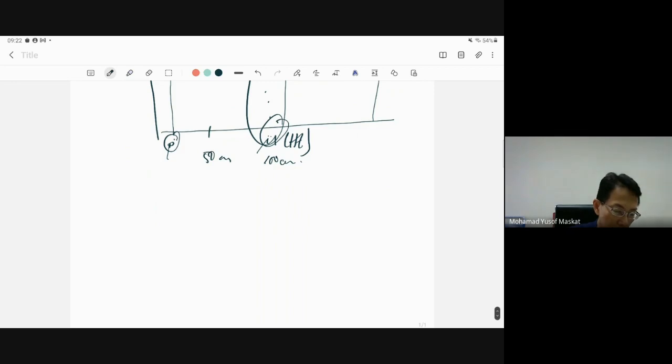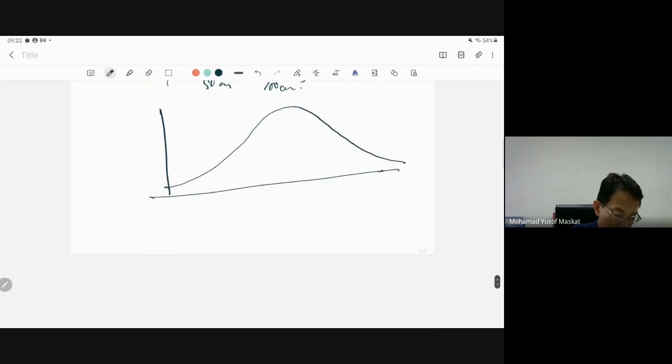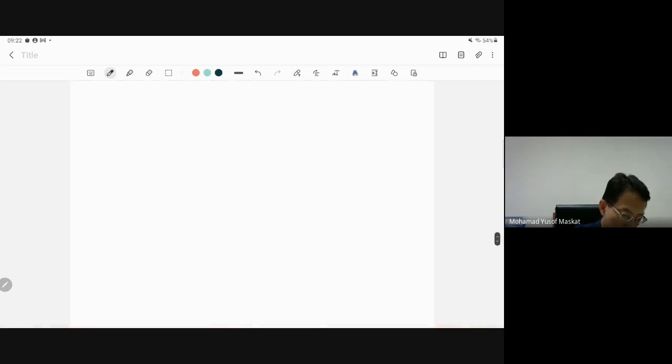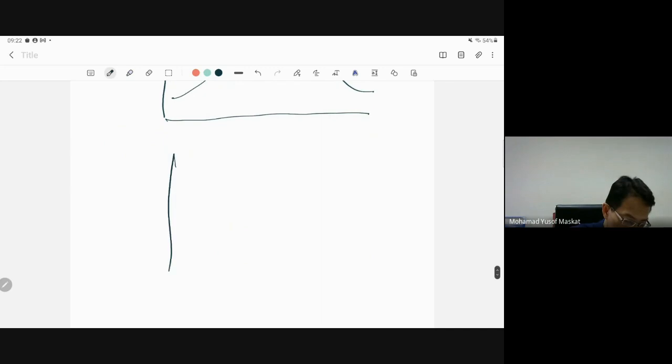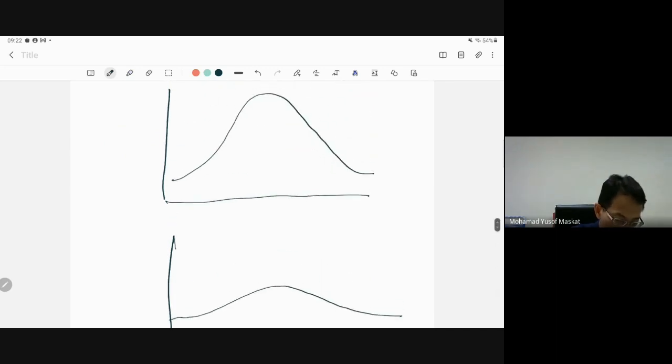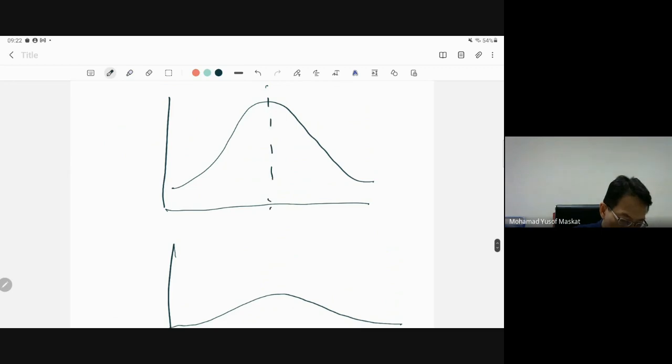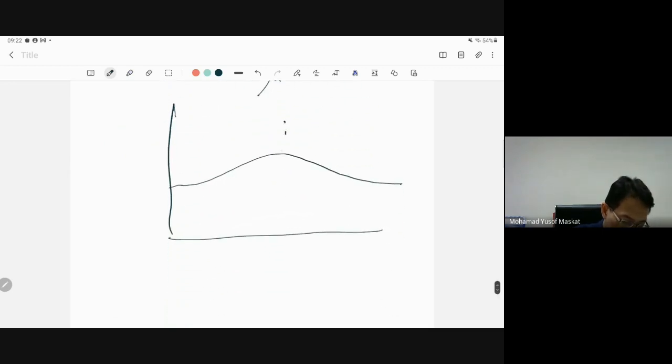So again we compare between two. This one is like this, and this one is like this. Both have the same average population mean.